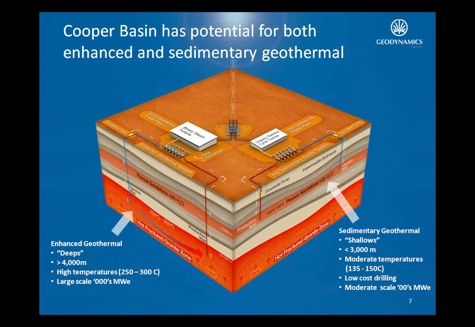4 kilometers. That granite is high heat producing granite. That heat is produced from the decay of radiogenic materials. Granites generally have levels of potassium, uranium, and thorium within their structures.